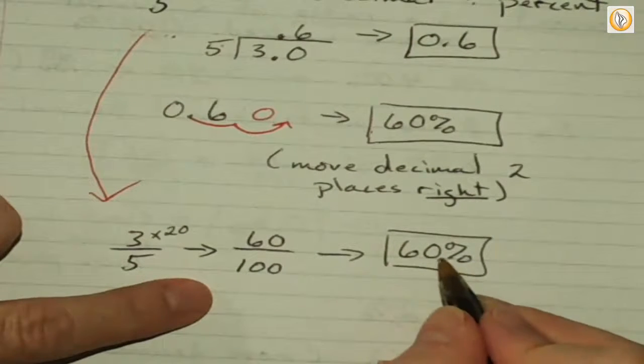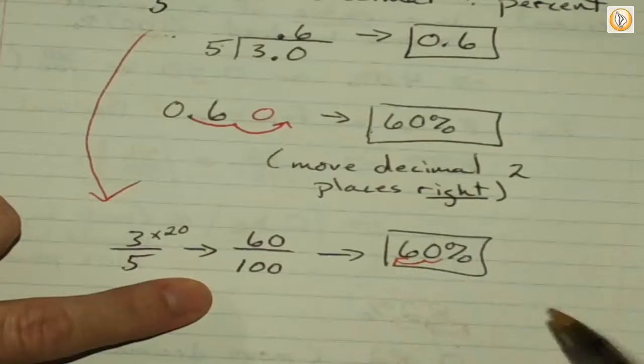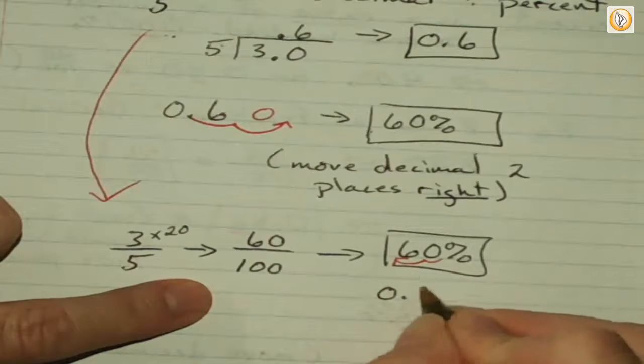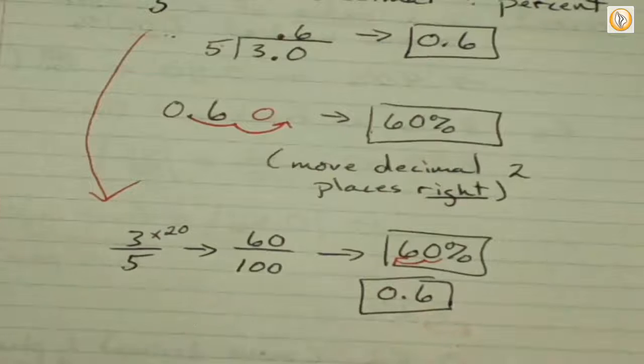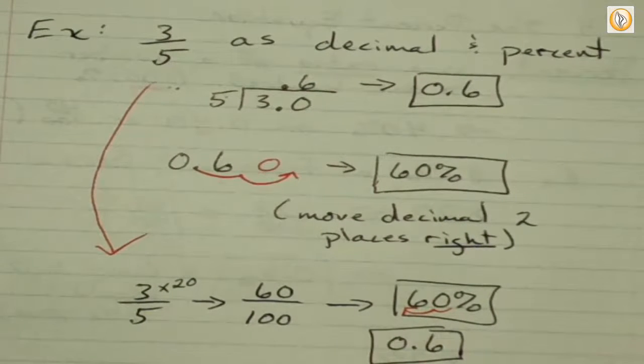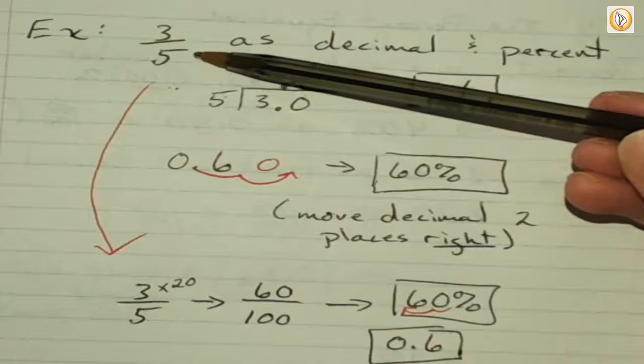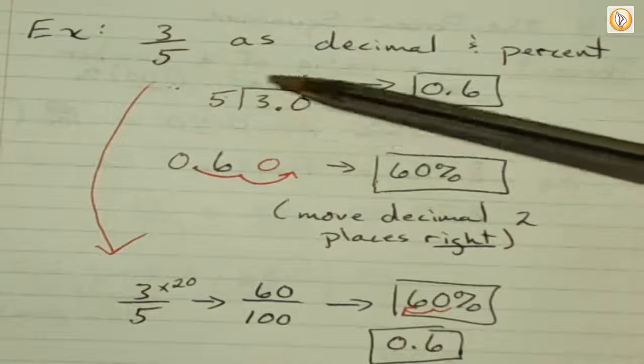And all you have to do is move the decimal 2 places to the left, and you get 0.6 as your decimal. So there are 2 different ways; you're in Algebra 1, you should be able to do both. Will the denominator always go into 100 evenly? No. So you need to know how to do this.